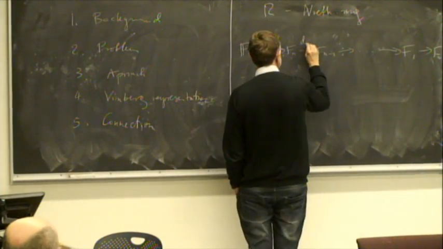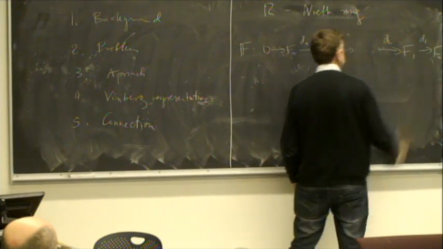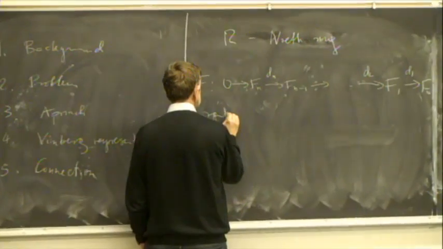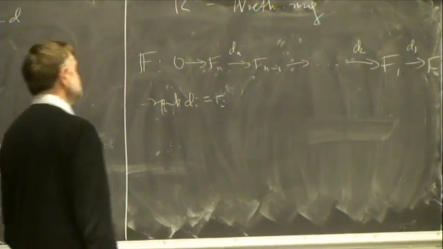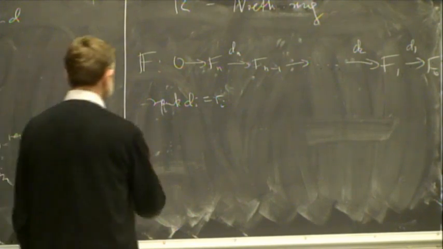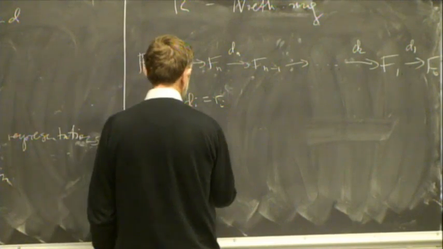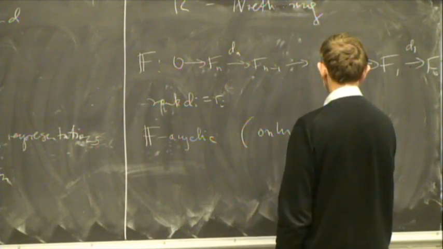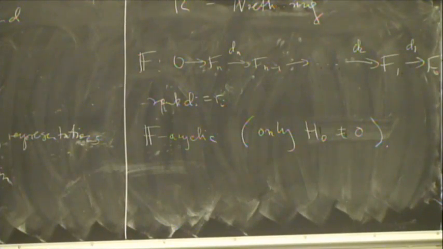I'll employ the notation that the differentials will be d_i, and they will have rank of d_i equal to r_i. I assume also it's a free resolution, so I assume that F is acyclic, meaning it has only H_0 non-zero. So it's a resolution of some module.